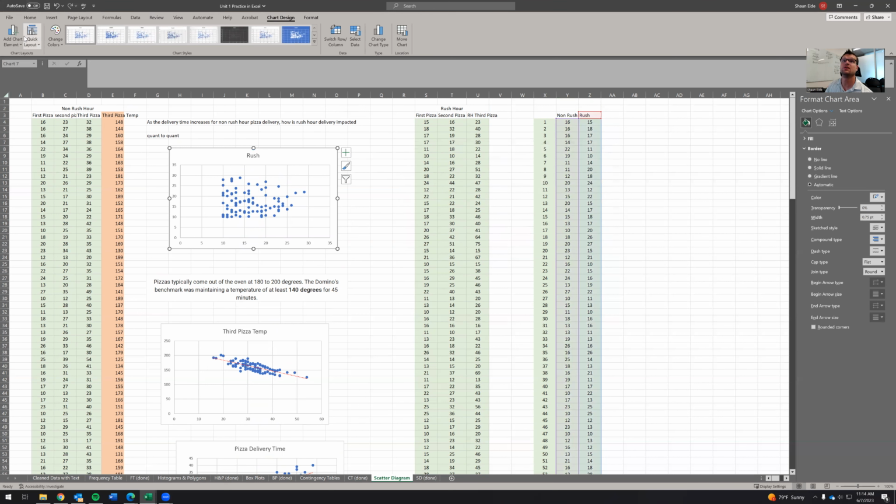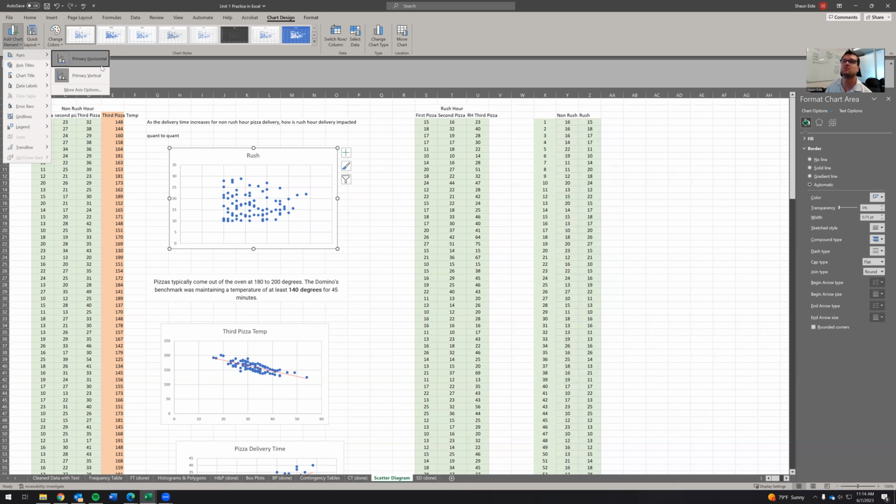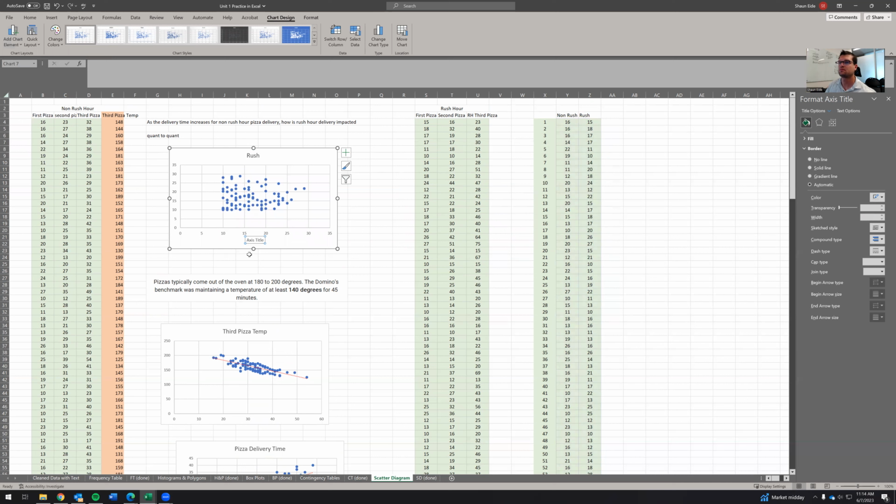Let's do add chart element, axis, title, non-rush hour, and then add chart element, rush hour, and then this right here is delivery time.